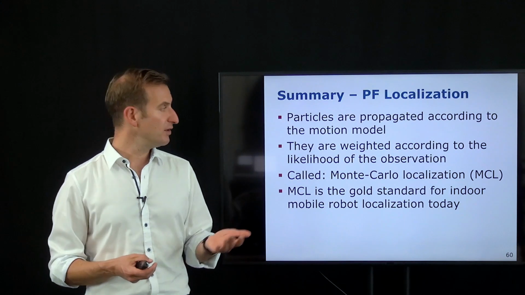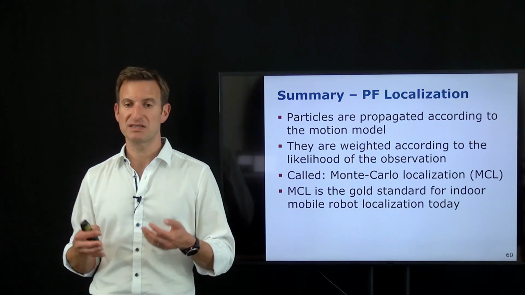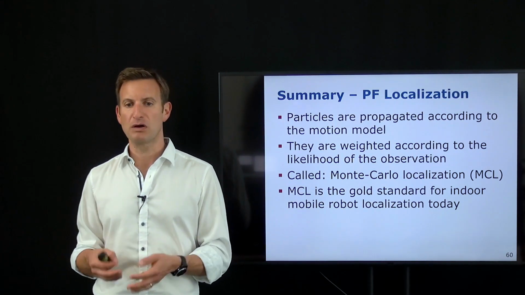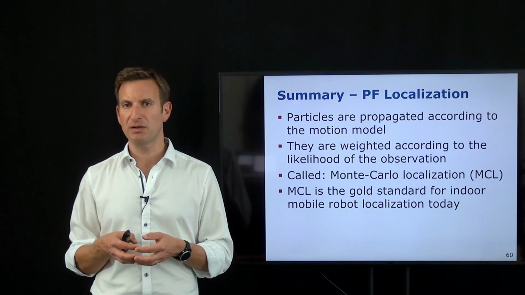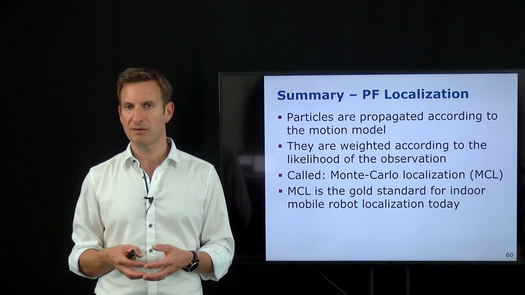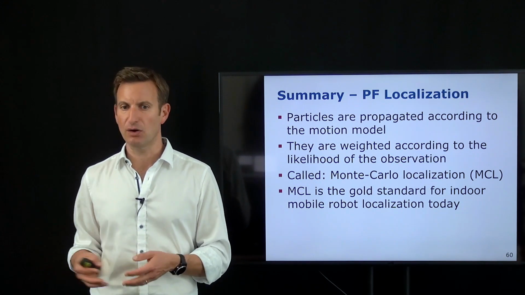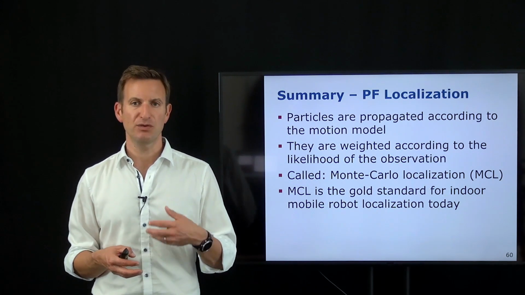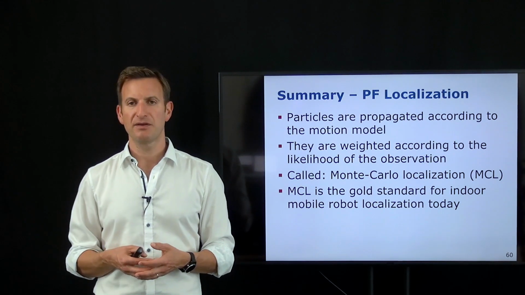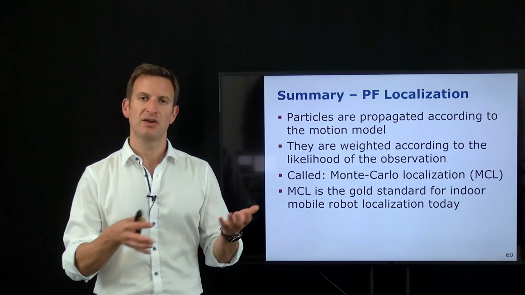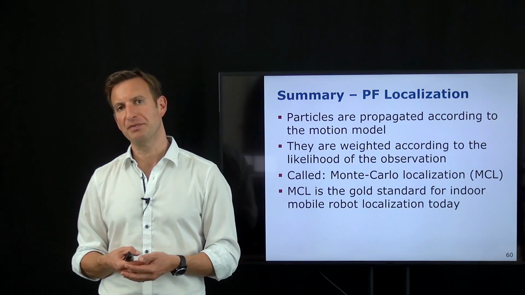We have used this here to illustrate Monte Carlo localization, which is applying the particle filter for localizing a robot. That means every particle represents a possible location and orientation of our platform, for example, x, y, and yaw. Then we use our motion model as a proposal distribution for advancing the particles, and as a result of this, use the observation model for computing the weights.